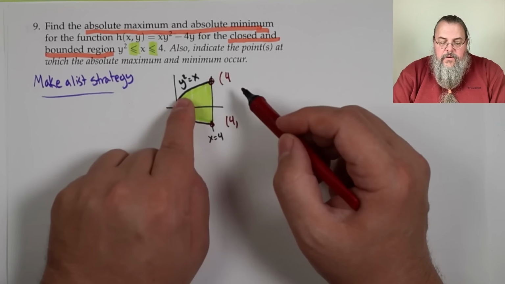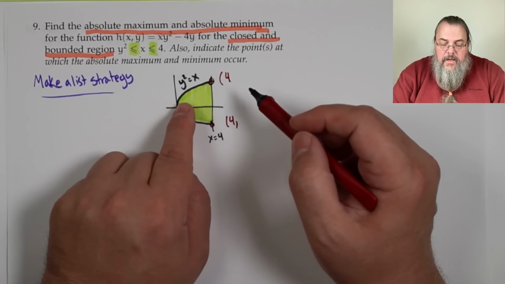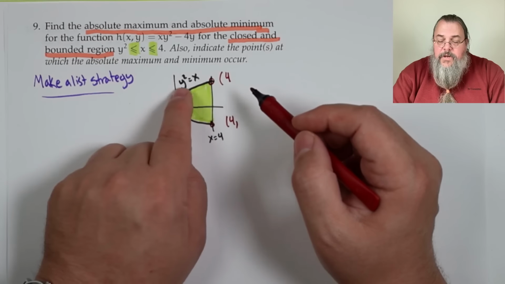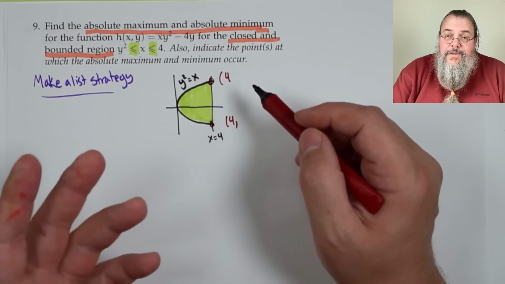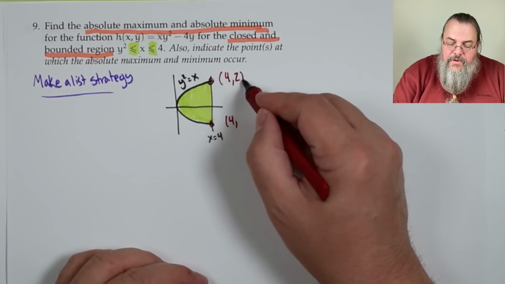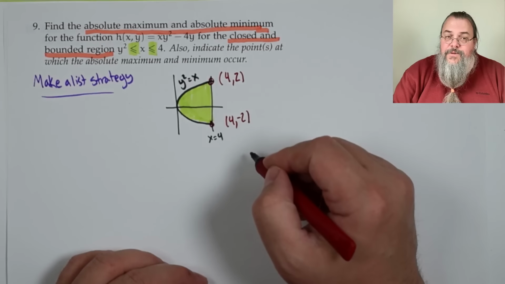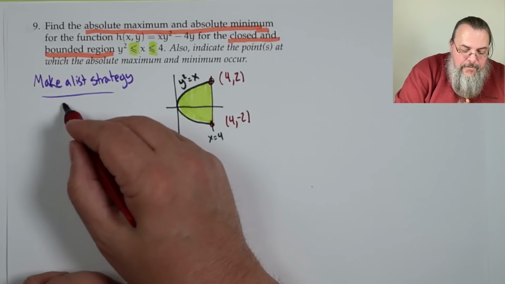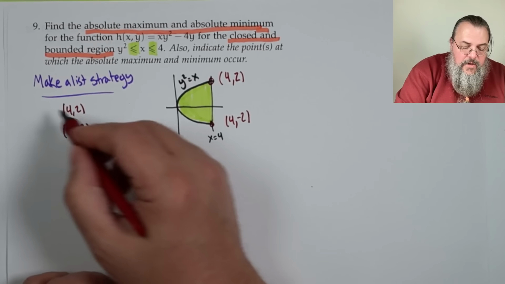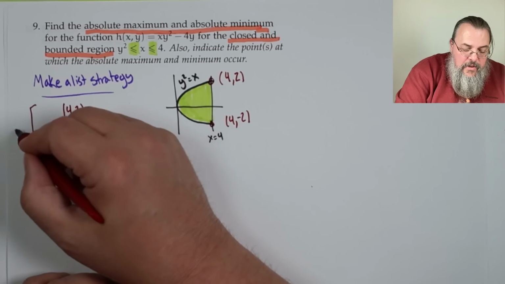And so if y squared is equal to x, y squared equals 4. So when does y squared equal 4? Well, at y equals positive 2, and at y equals negative 2. So we have our (4, 2) and our (4, negative 2). So just a reminder, these are our corners.